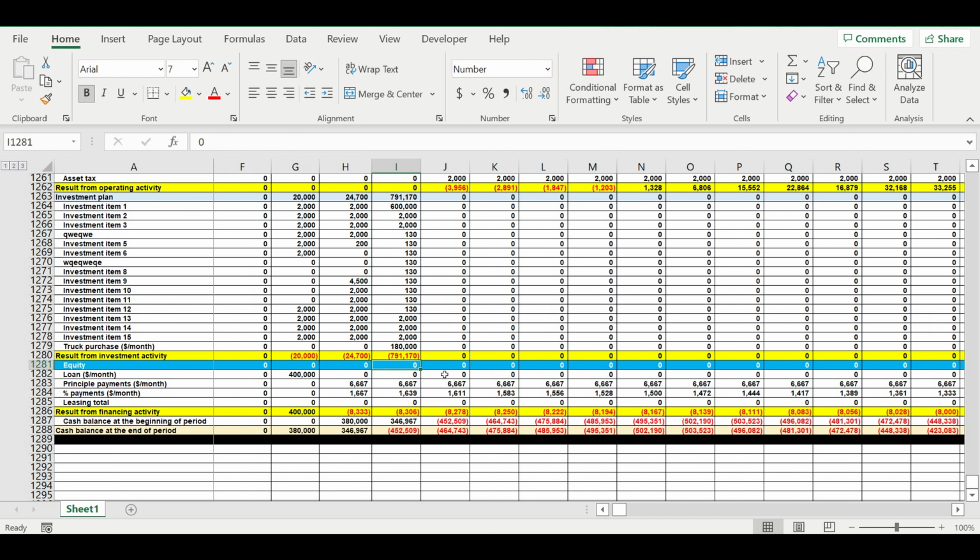So we go back to our money from the pocket and start adding values here. For example, we need additional money here, and we also need additional financing here.